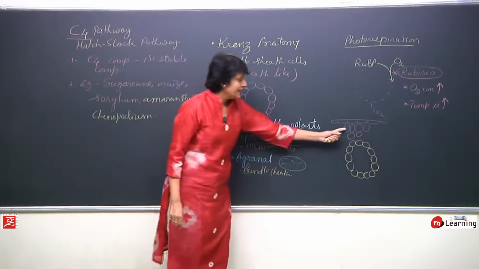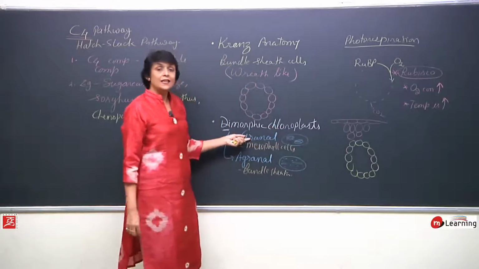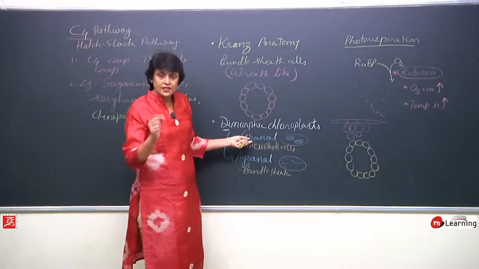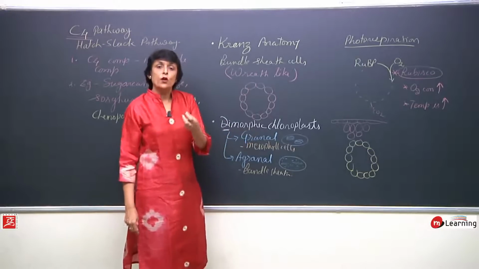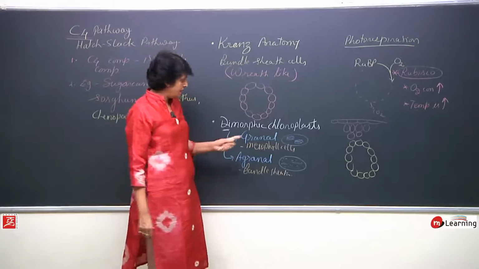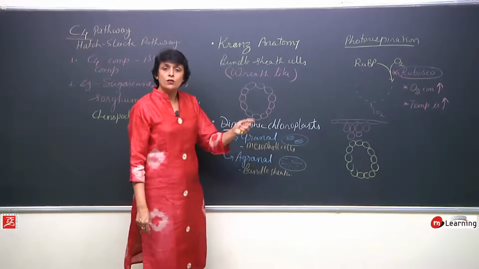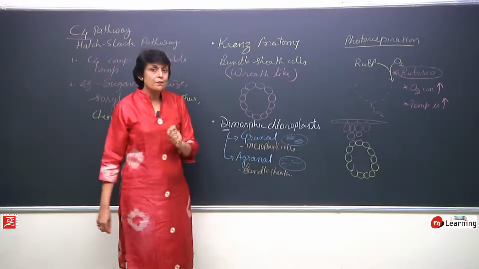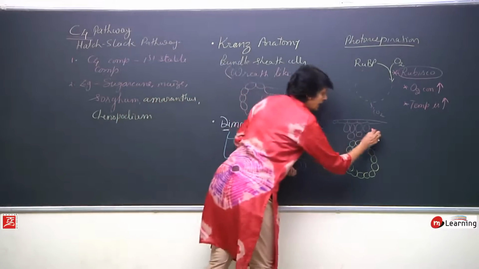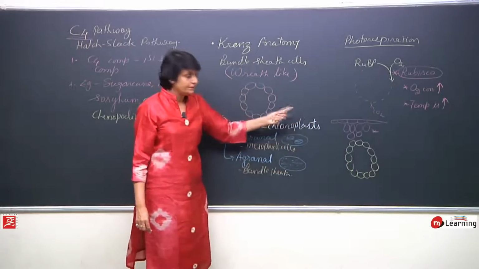Mesophyll cells have granal and bundle sheath cells have agranal. Granal chloroplast means these are the places, the thylakoids, where chlorophyll pigment is present. It will absorb light, or we can say light reaction takes place here. Wherever light reaction takes place, that is the same place where oxygen is released due to photolysis of water. So where will oxygen be released? At this place. Oxygen will be released in the mesophyll.